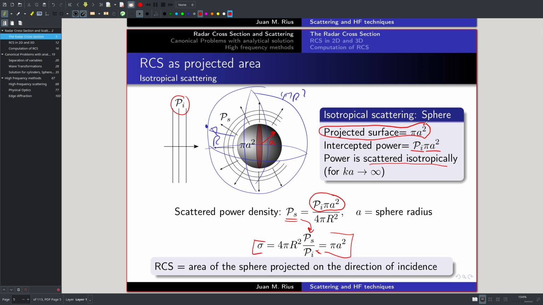So in this case, we get that the RCS is equal to the true projected area of the sphere, which is pi a squared. Later, we will obtain the analytical solution, and we will see that the analytical solution is almost pi a squared when the radius of the sphere is much larger than the wavelength, in high frequency.